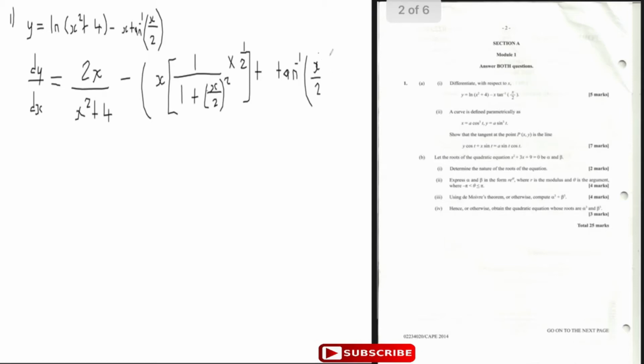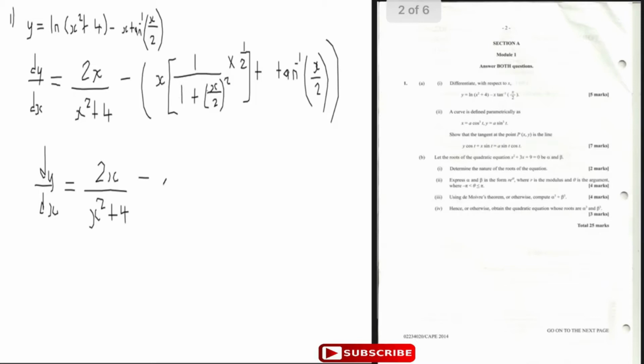So this is going to be dy by dx. So let us just go ahead and simplify this now. So dy by dx is working out to be 2x over x squared plus 4 minus, now this is how we simplify this, 1 times a half, that's going to be 1 in the numerator, but then this 2 can go in the denominator.